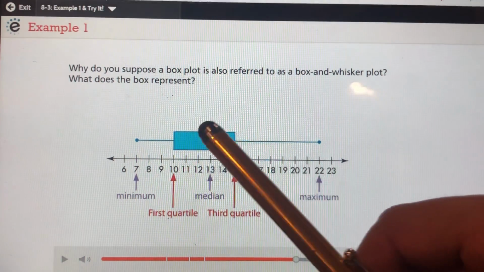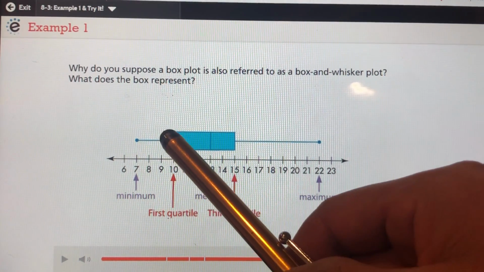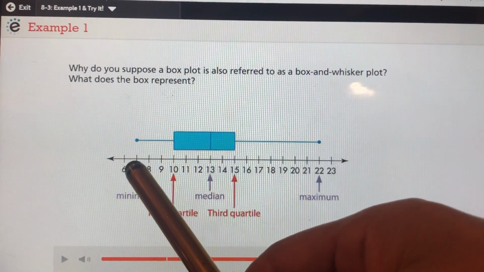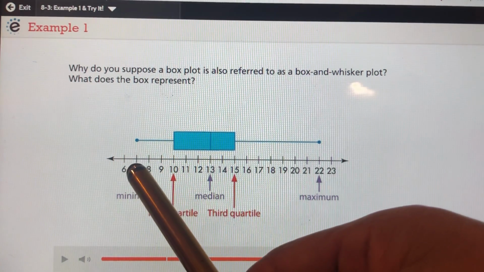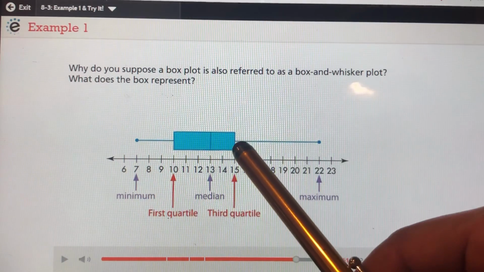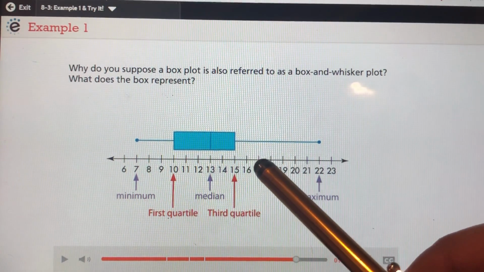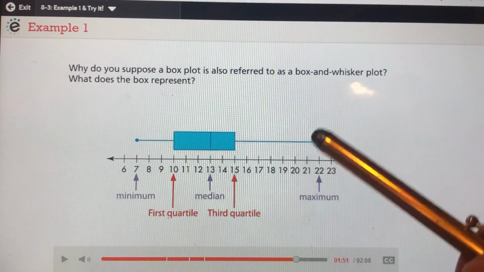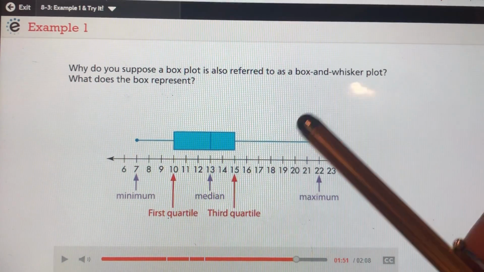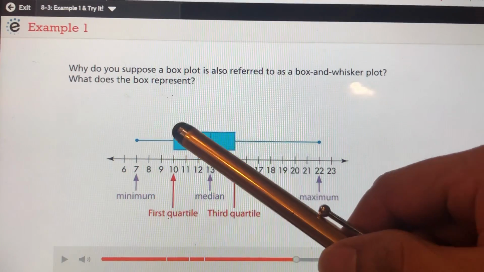Well, yes, all that means is that the data from here to here is not as spread out, because if we look here, we clearly see that it goes 7, 8, 9, 10. Over here, this line is longer and it's more spread out. 15, 16, 17, 18, 19, 20, 21, 22. Our data values are just more spread out. But we always have an even amount of things.